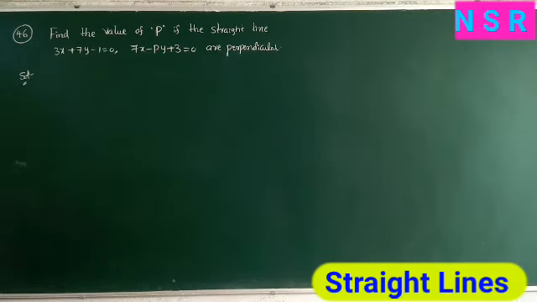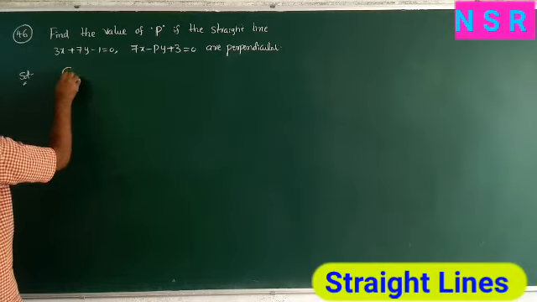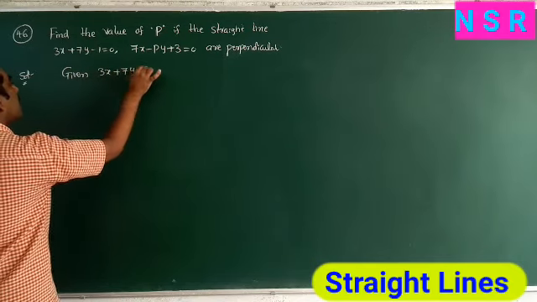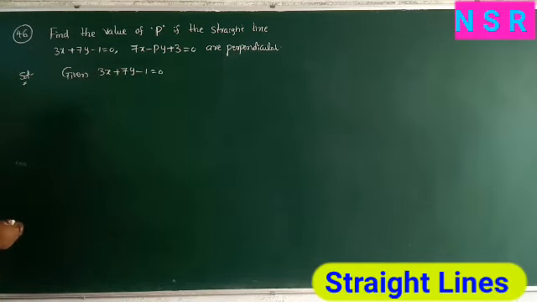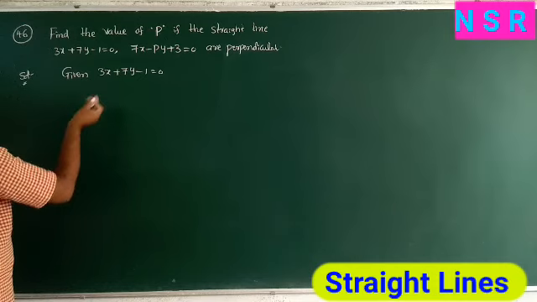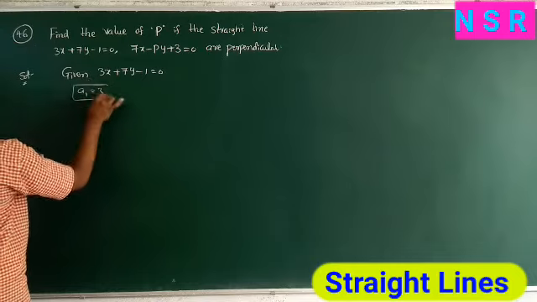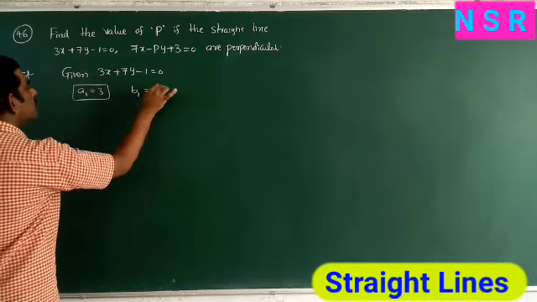Next question number 46. Find the value of p if the straight lines are perpendicular. So here also given two lines. Given 3x + 7y - 1 = 0, compare with a1x + b1y + c1: now a1 equal to 3, b1 equal to 7.